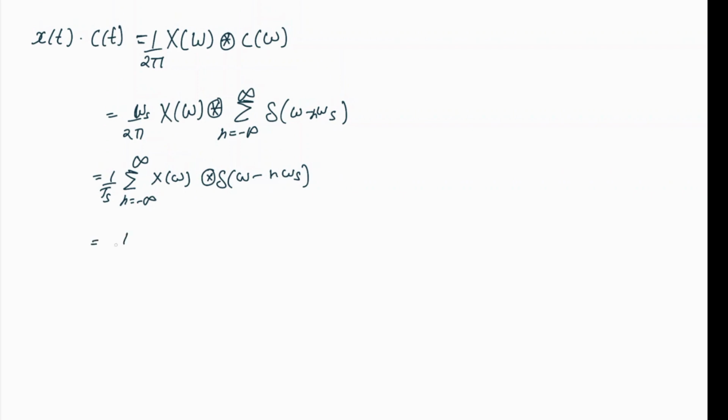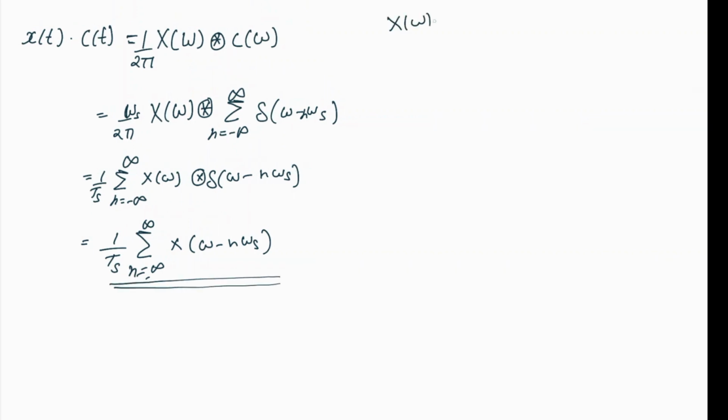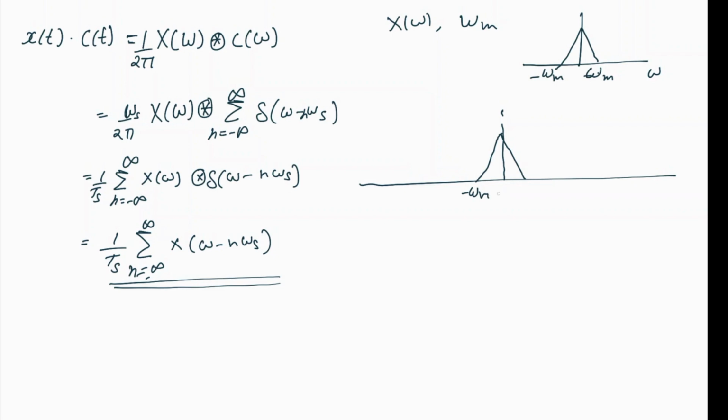which can be written as the summation over n from minus infinity to infinity of X(omega minus n omega s). The signal X(omega) in the frequency domain was represented as a triangle with the maximum frequency of omega m, so from minus omega m to plus omega m, and there are multiple copies of such triangles in both the negative and the positive directions.